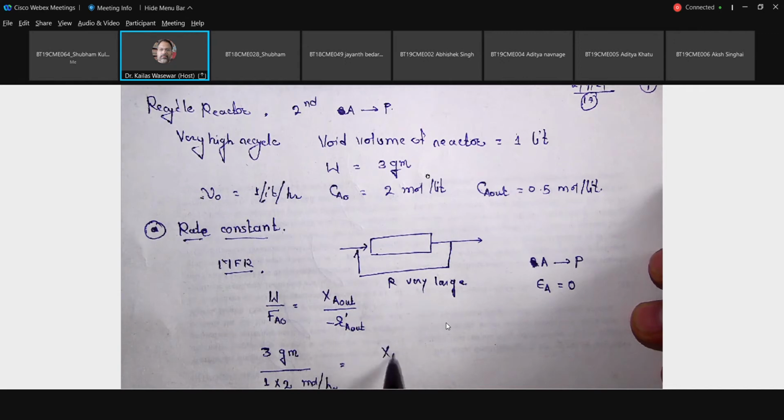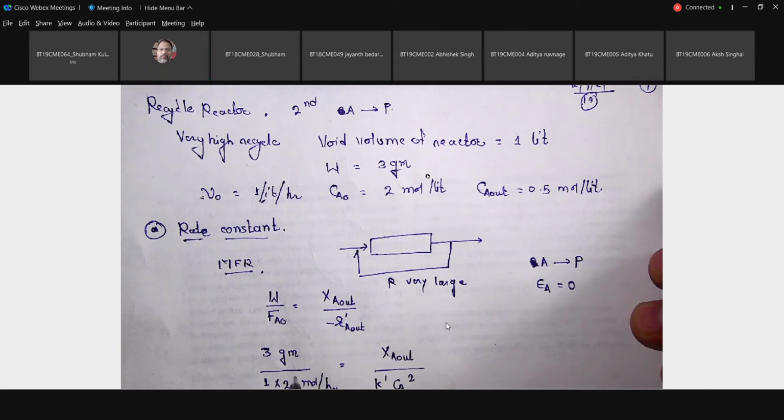XA out is K Ca square. That's it, so it is very easy for this one.